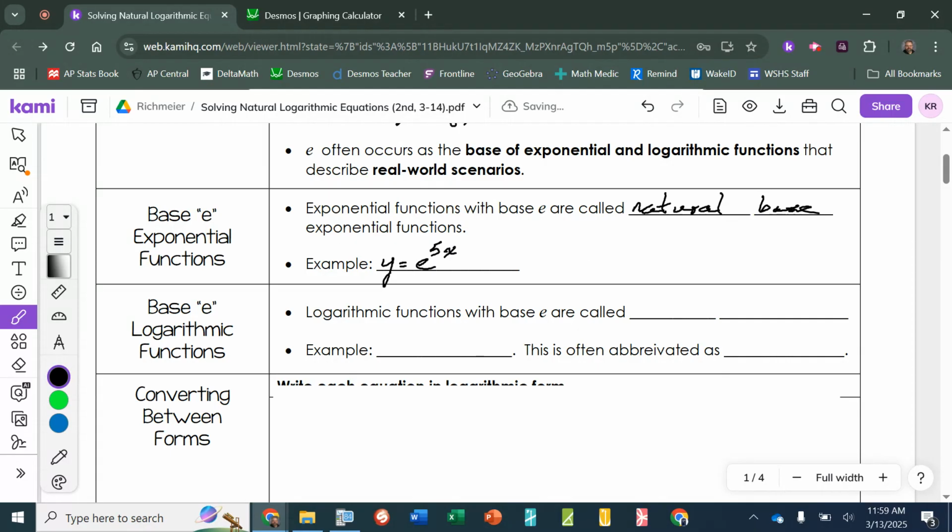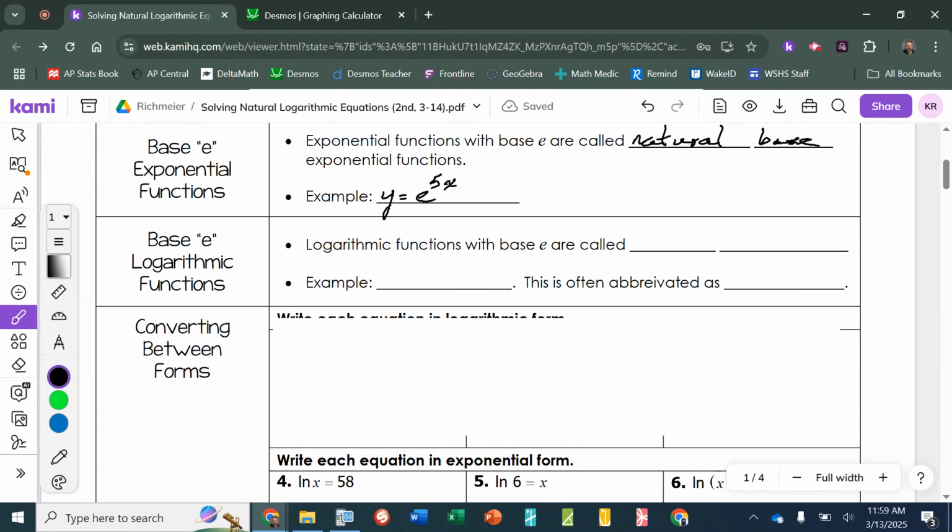It's exponential again because the variable is in the exponent. In the ones we've looked at previously, we've always had a whole number or an integer in the base. This time we have an irrational number in the base.